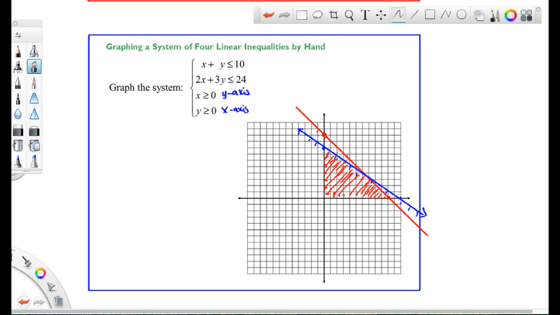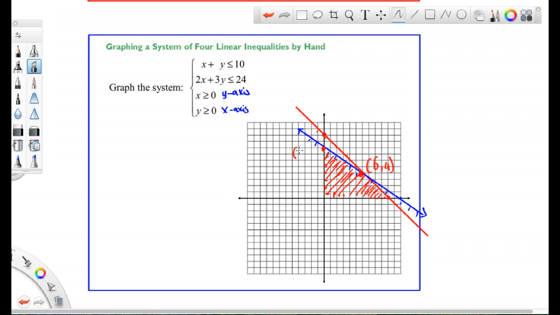So let's see. These go by ones, right? So 1, 2, 3, 4, 5. So there's 6, 4. That looks to be right. So we'll mark that as 6, 4. Another corner of our region would be right here on the y-axis.